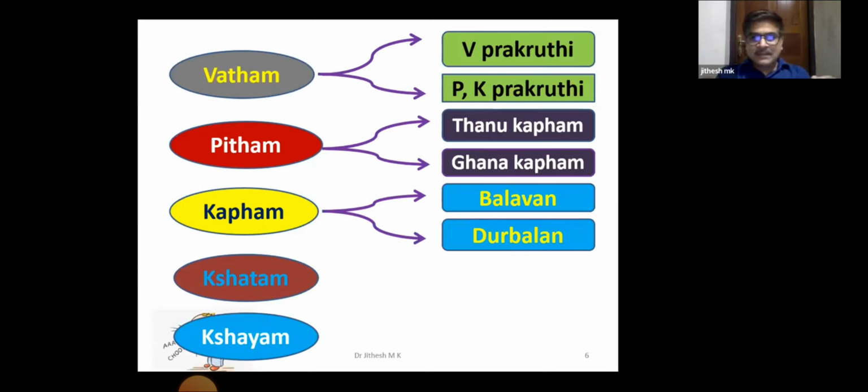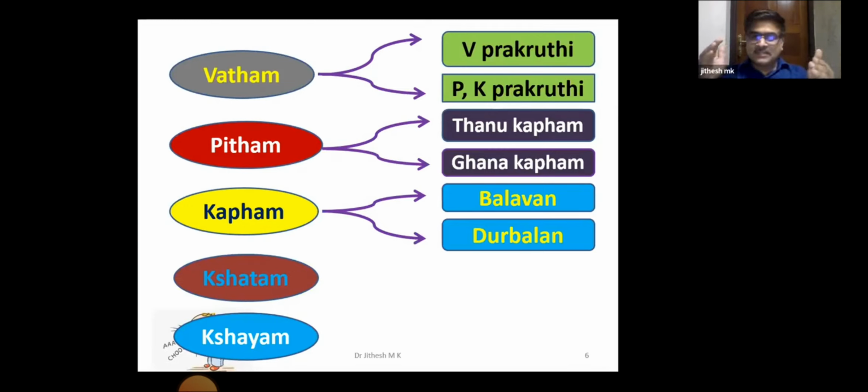At the same time, simple paithika kasa is not sufficient, because paithika kasa is again subdivided into 2: paithika kasa with tanu kapha and paithika kasa with ghana kapha. Here also the treatment is entirely different.